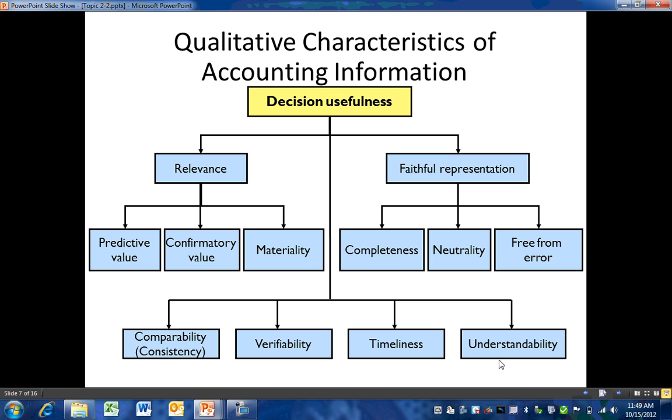Now, in GAAP, we do not shoot for the lowest level of user, nor do we shoot for the highest level of user education when it comes to accounting principles. We talk about the understandability being based on somebody who has some background in business.